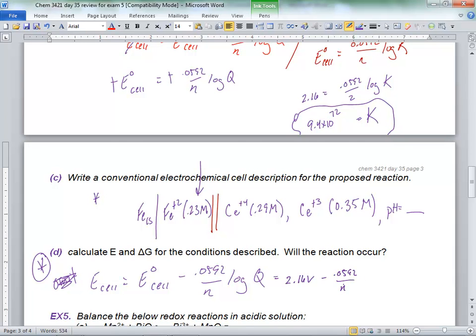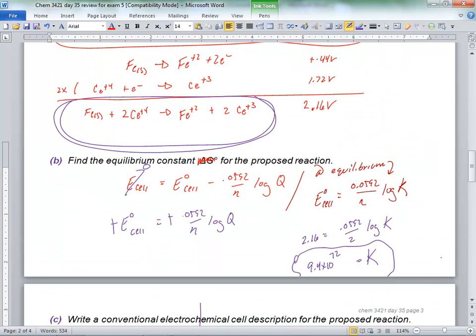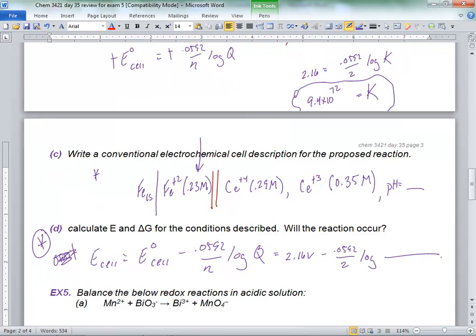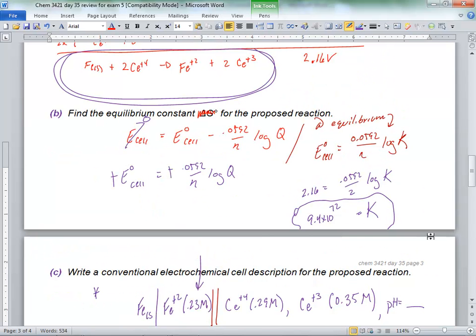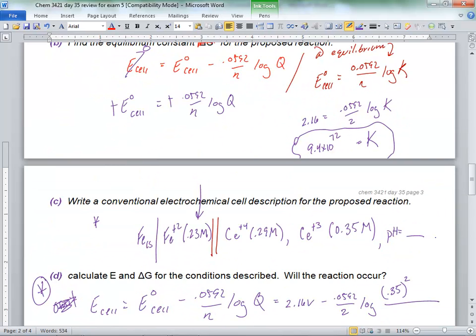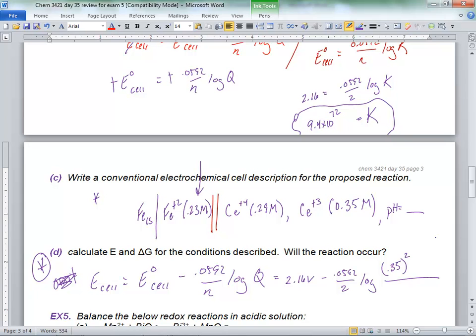I think it was 2. Products over reactants, cesium plus 3 squared. And that's my other product, iron 2, 0.23.